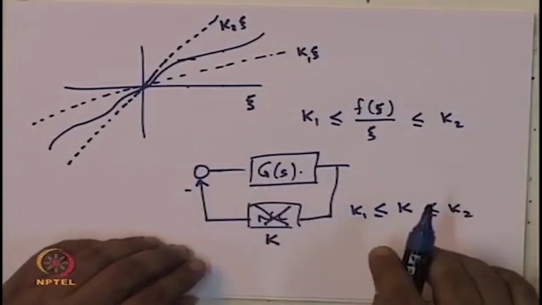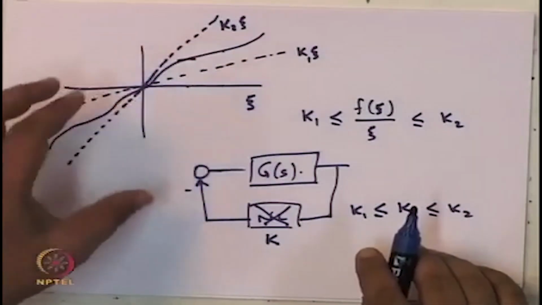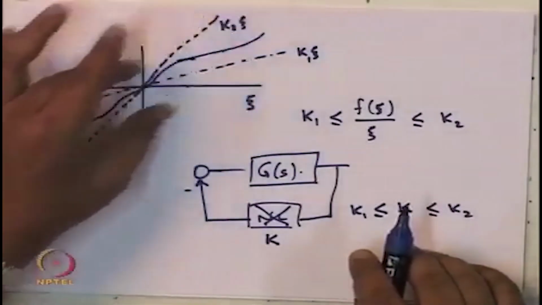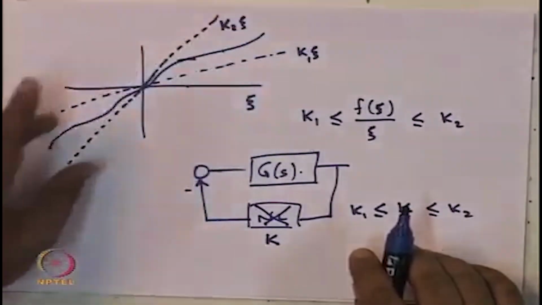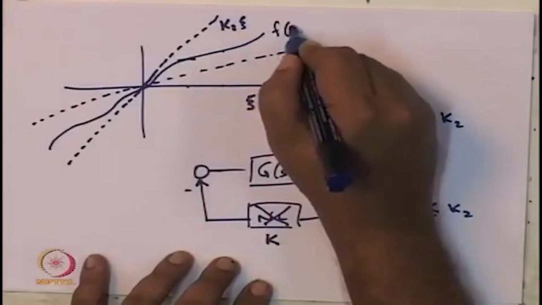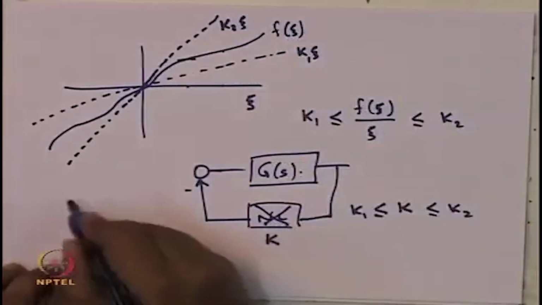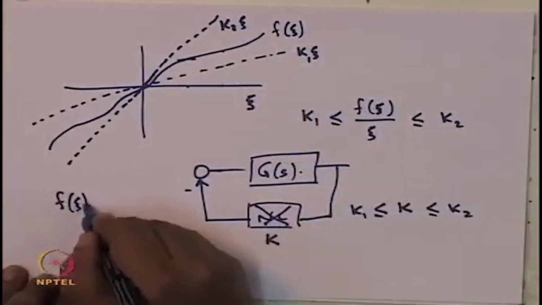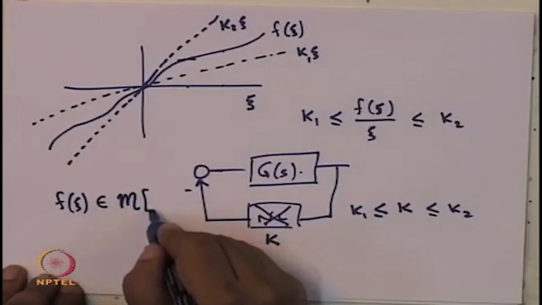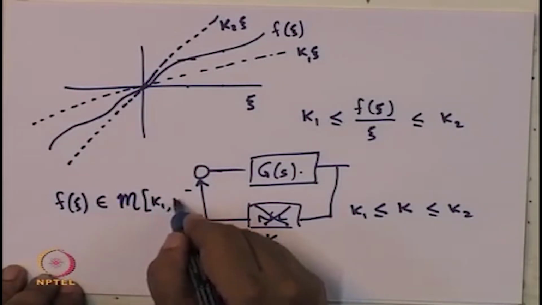Now, this slope, when you put it in as the linear thing, again you get an asymptotically stable linear system. Working in this way, the guess was that if you had a nonlinearity which lay in some sector, so this particular nonlinearity f of xi is said to lie in the sector k1, k2.